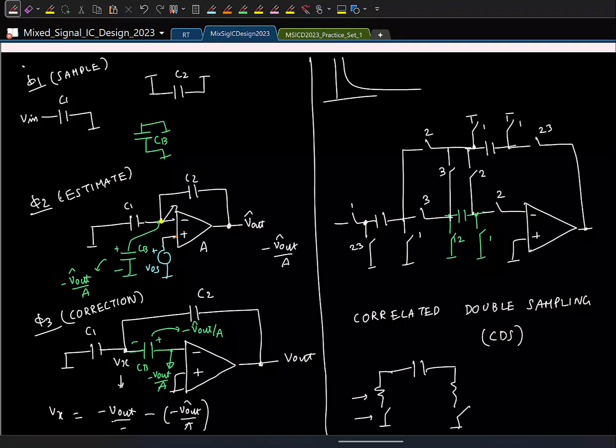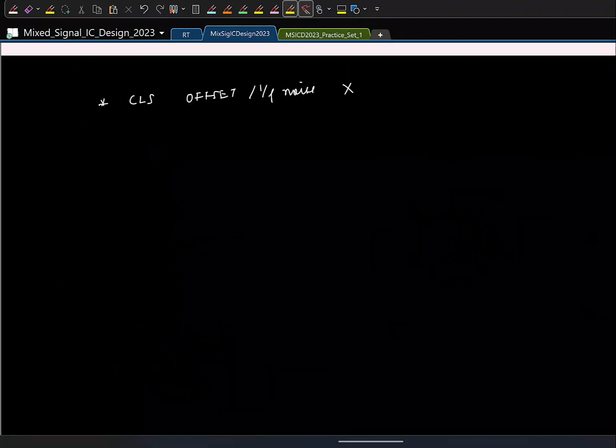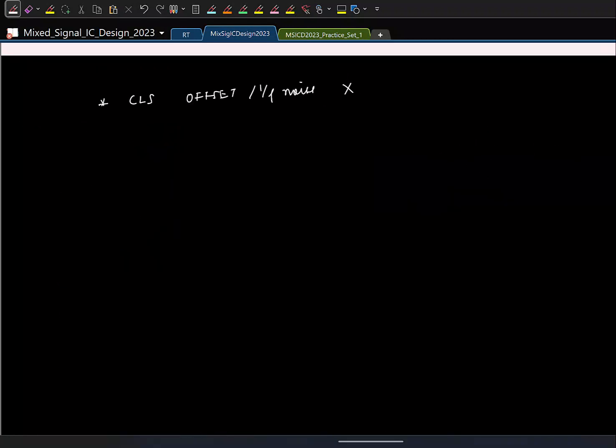The resistor will generate noise. So what will be the mean square noise across a capacitor if this is CB? It will be KT by CB. And in correlated double sampling, this noise is added at the input of the op amp, right? So you can think of it as the noise getting added at the input. Again, very rough explanations I am giving. This is KT by CB.